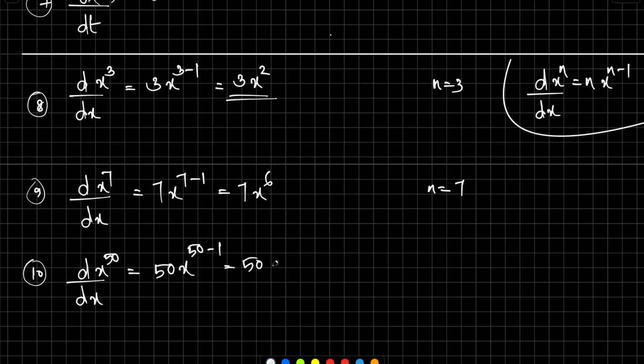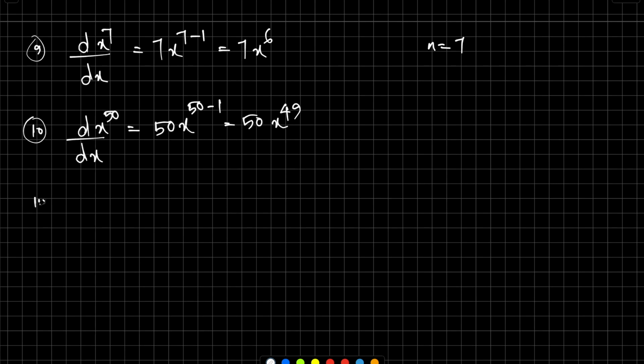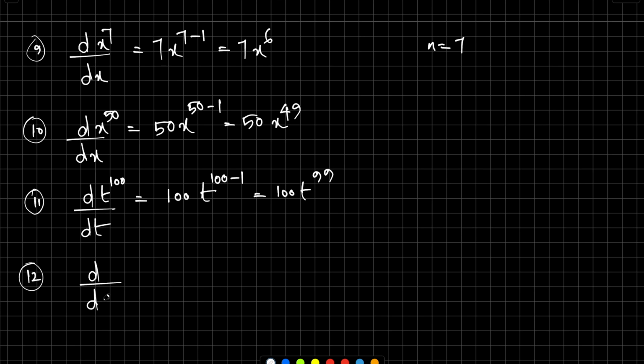So 50x to the power of 49. d by dt of t to the power of 100. 100 t to the power of 100 minus 1. 100 t to the power of 99. d by dt of t to the power of minus 3. Minus 3 t to the power of minus 3 plus 1. Sorry, minus 3 minus 1. Minus 3 t to the power of minus 4.